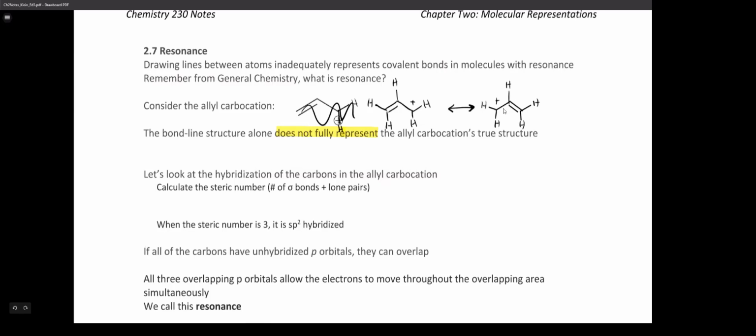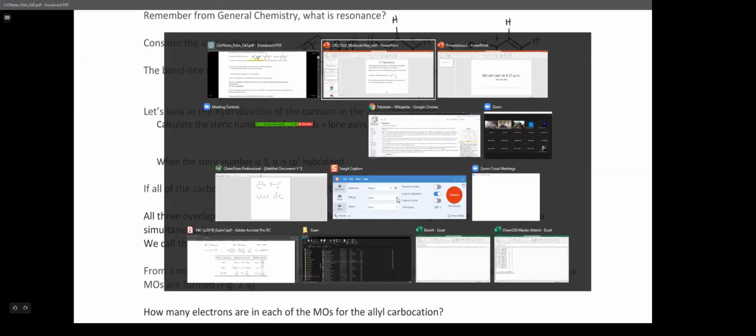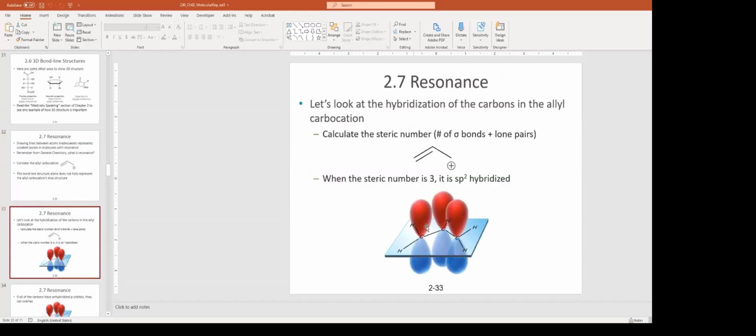Okay. So if these are sp2, then what other orbital is there that we're not showing in the picture? sp2, sp2, sp2. How many p orbitals are there on a carbon atom? 3. We've used 2 of them in sp2. So there's a p orbital left over here. And that p orbital acts as the conduit. All the electrons can flow through those p orbitals. This is what it's trying to show here.